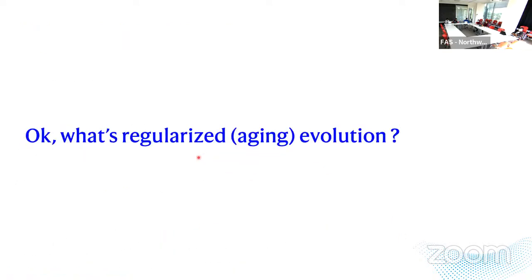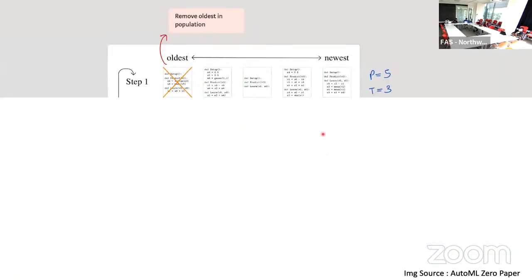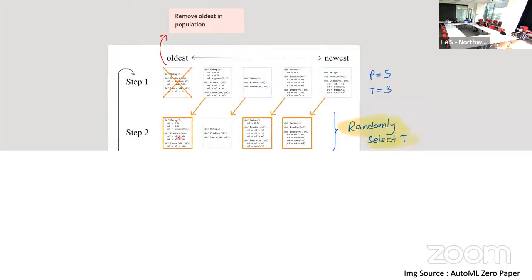If we go to this regularized evolution, it's also called aging evolution. What happens is we initially have a population of algorithms. So these are some example train functions. We fix the population size. In the first step, we remove the oldest algorithm that exists in the population. So after removing this one out of the 5, we are left with 4 algorithms.